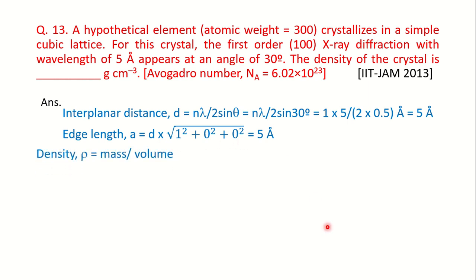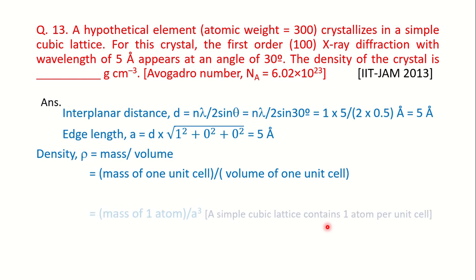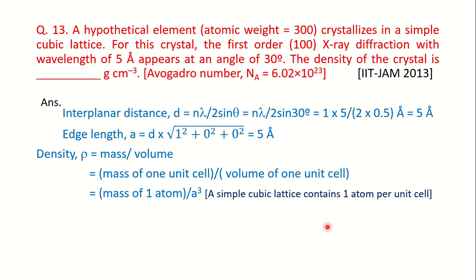Now density. Density rho must be mass by volume. We know that. Now, if you take the unit cell, then you have to take the volume of the unit cell also. So if you divide the mass of the unit cell by the volume of the unit cell, then this is also density of that metal. Since this is simple cubic, a simple cubic lattice contains 1 atom per unit cell.